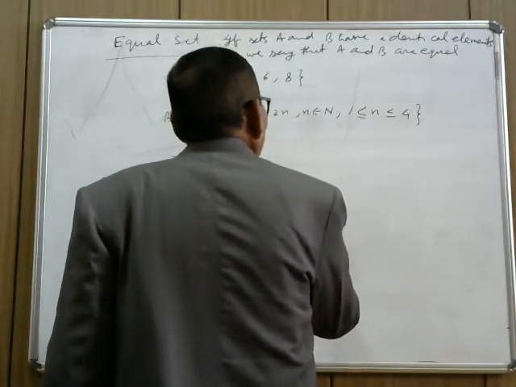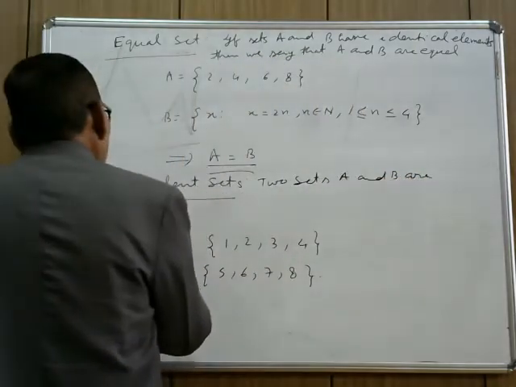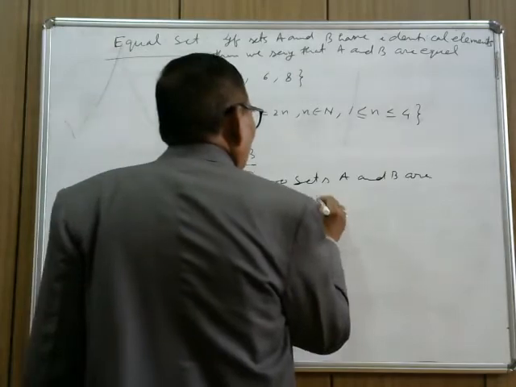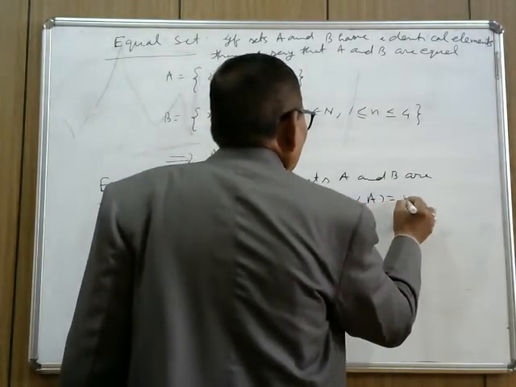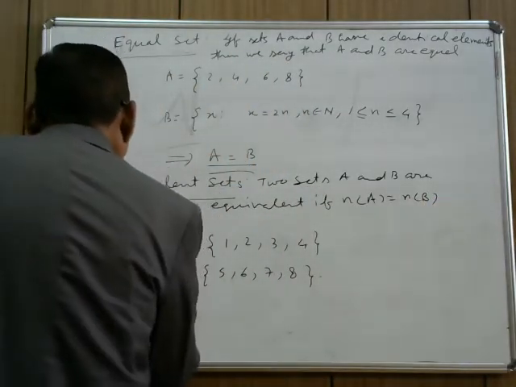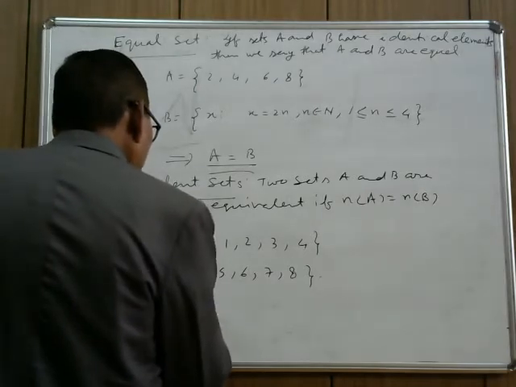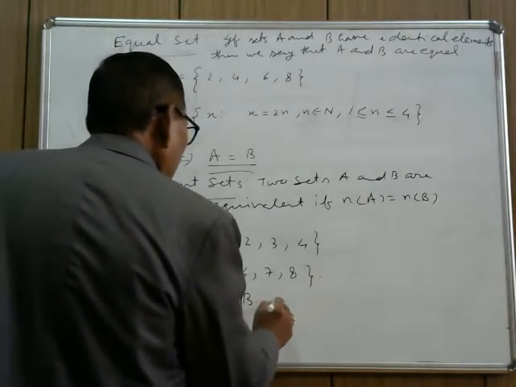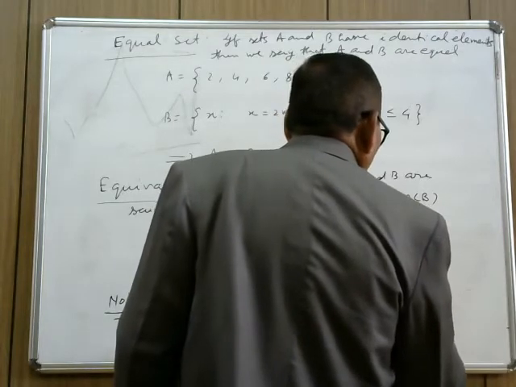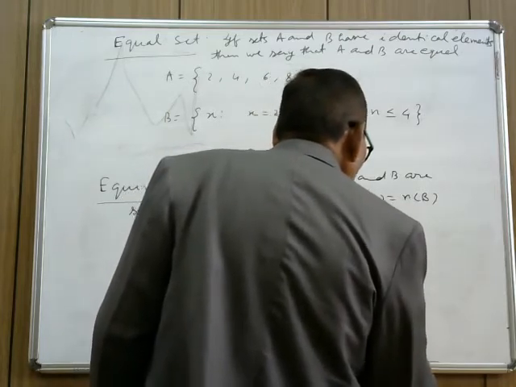Two sets A and B are said to be equivalent if the number of elements in set A equals the number of elements in B. Now note that if sets A equal B, then this implies the number of elements in A equals the number of elements in B, and implies that A and B are equivalent.